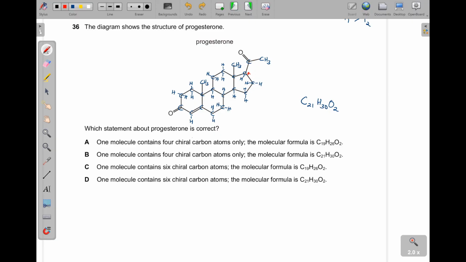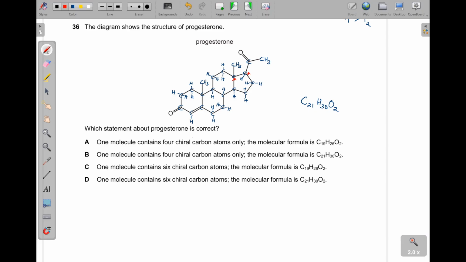So that is 1, and there is another one. Which other one are we seeing here? Is this one a chiral center? This one here, all different. That's another one there.